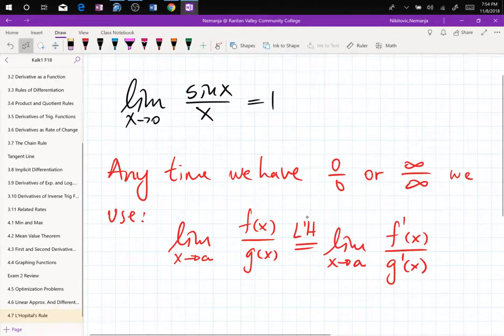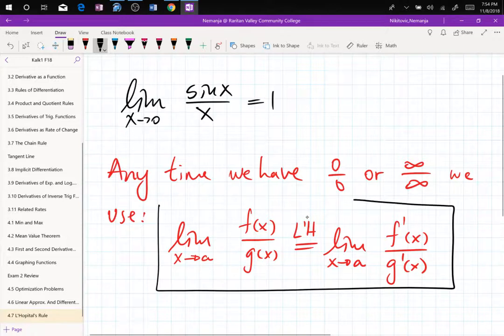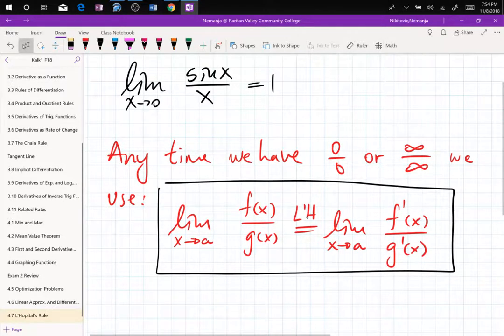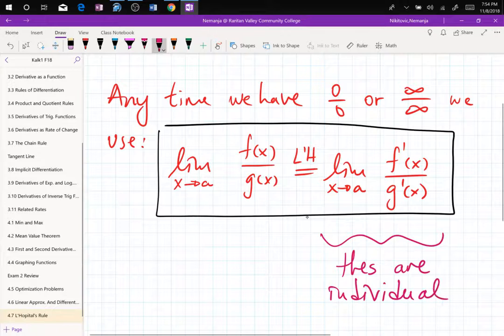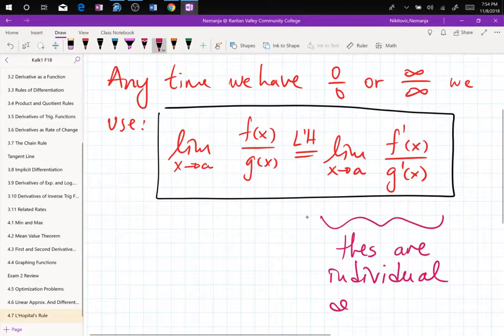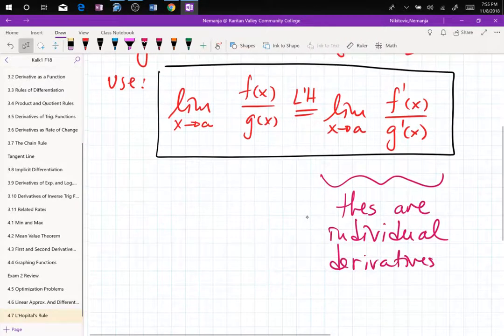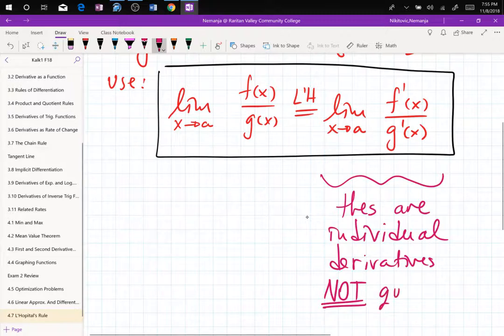Please read this formula very carefully. These are individual derivatives. Not quotient rule.